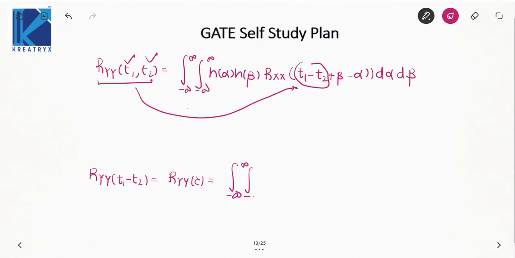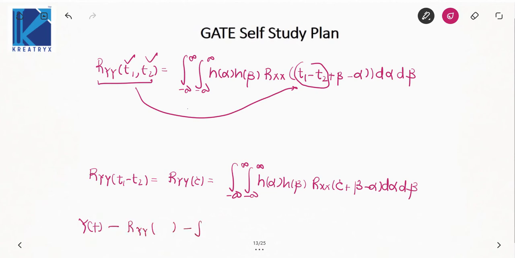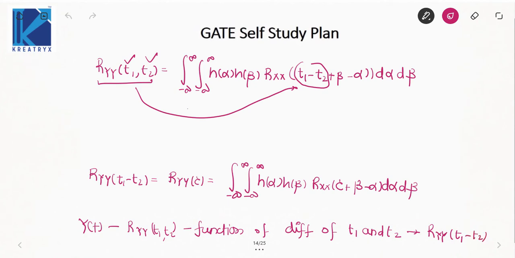It will be the integral of h of alpha h of beta rxx of tau plus beta minus alpha d alpha d beta. So the autocorrelation function of y of t also comes out as a function of the difference of t1 and t2, so it can also be written as ryy of t1 minus t2.